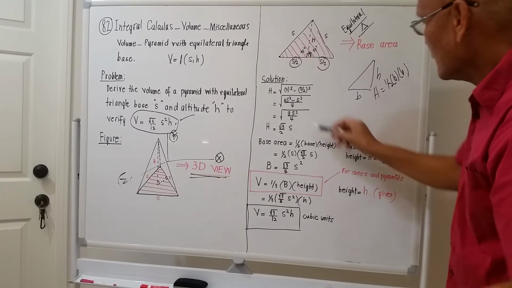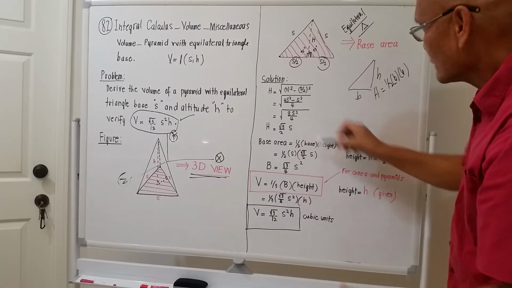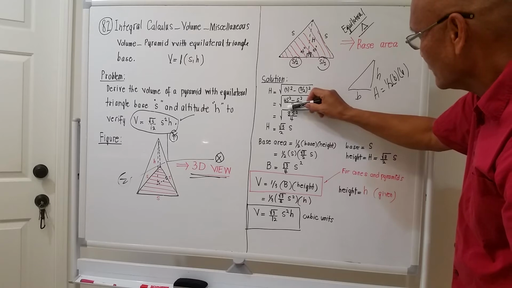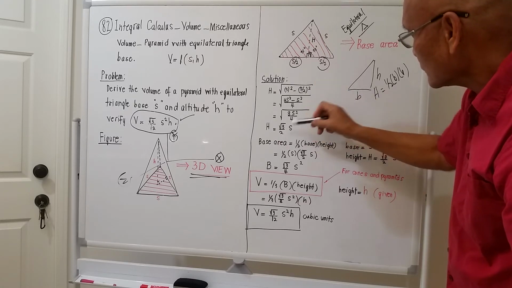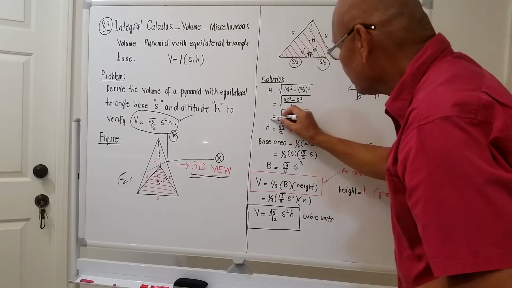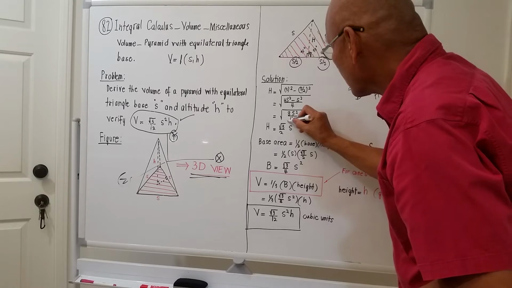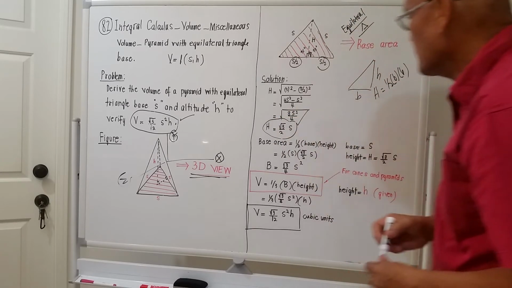Take the square root. The operations inside are all multiplications, so if we take the square root, it will be the square root of 3, and the square root of S square is S, and the square root of 4 is 2. Or the height of the base area will be square root of 3 over 2 times S.